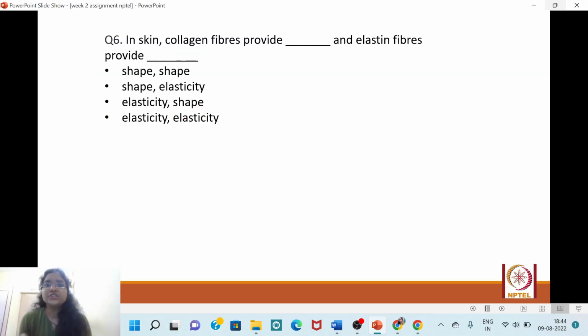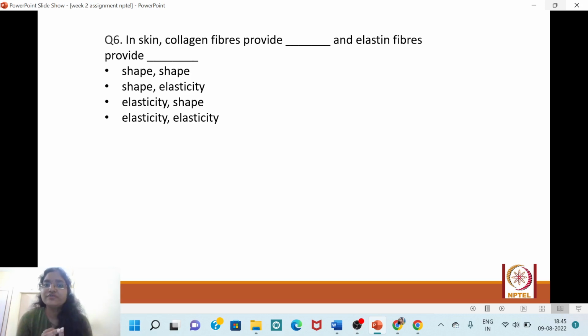In skin, collagen fibers provide dash and elastin fibers provide dash. Shape or shape, shape or elasticity, elasticity and shape, elasticity and elasticity.